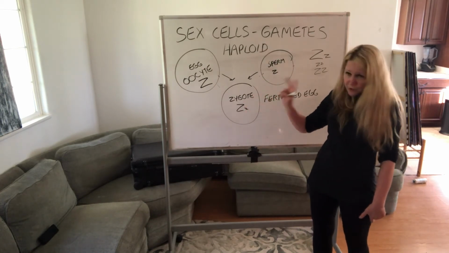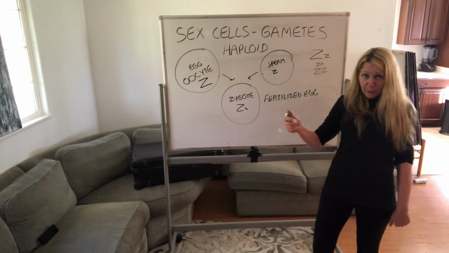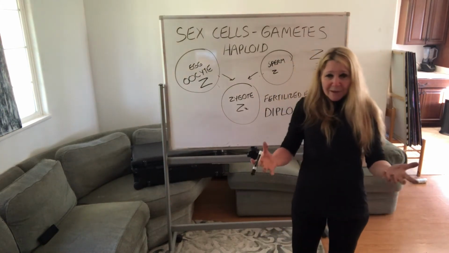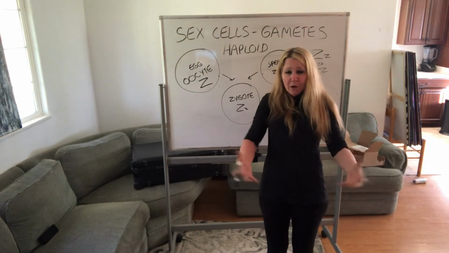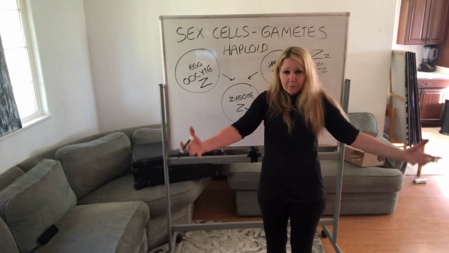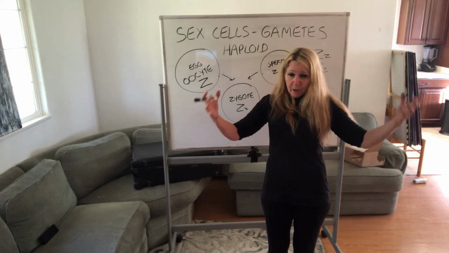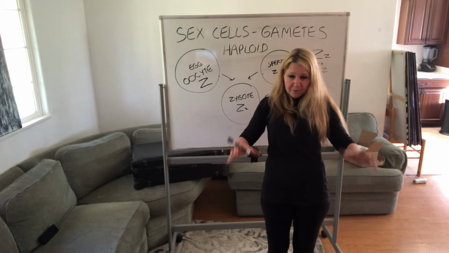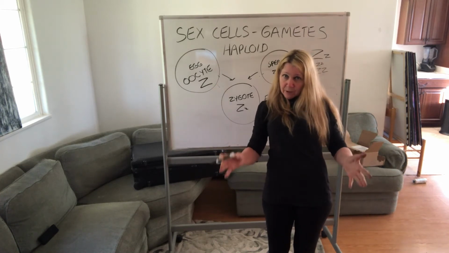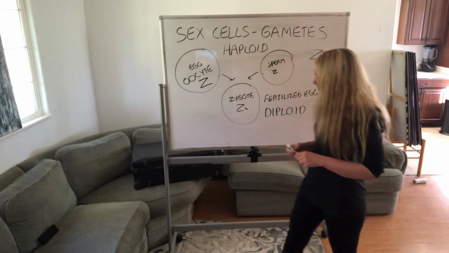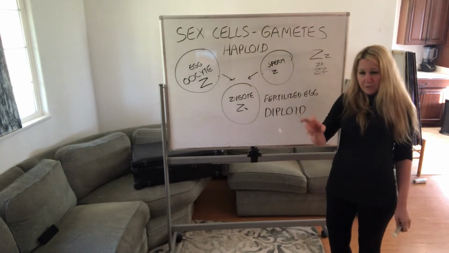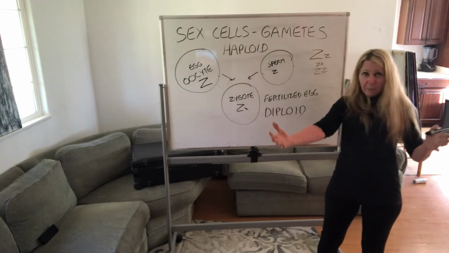Cells that have two sets of genes are called diploid. Diploid cells are non-sex cells. So all other cells in your body, except for eggs if you're female and sperm if you're a male, are diploid. They have two sets of every gene, or two copies of the genes. So one from mother, one from father.